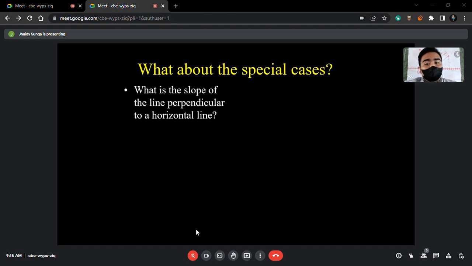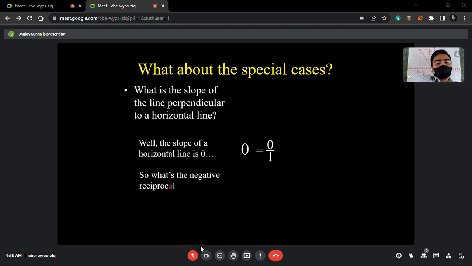What is the slope of the line perpendicular to a horizontal line, po? Okay po? Now, well, the slope of a horizontal line is 0. You know that if the slope is 0, the 0 is on the numerator. Isn't it? So, what's the negative reciprocal of 0? How is that one, po?